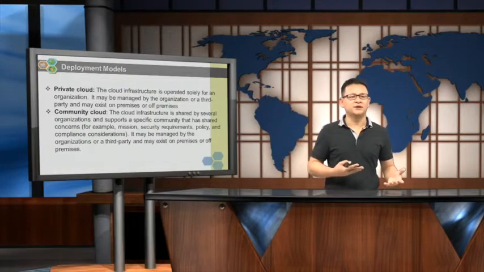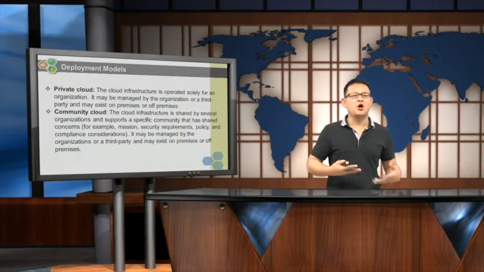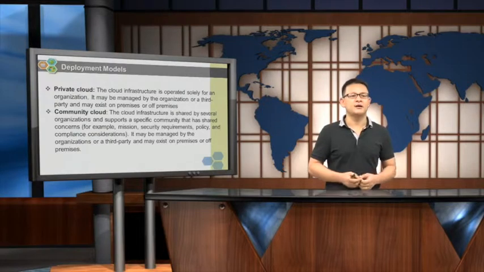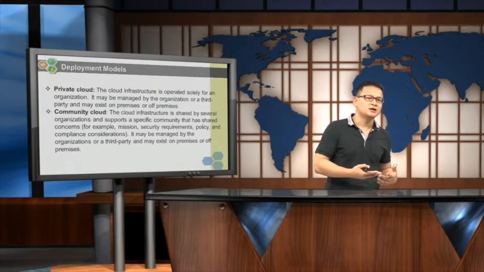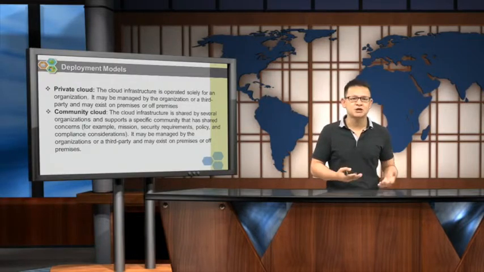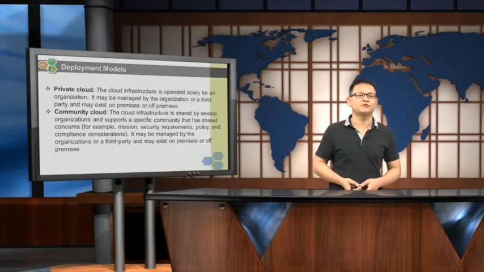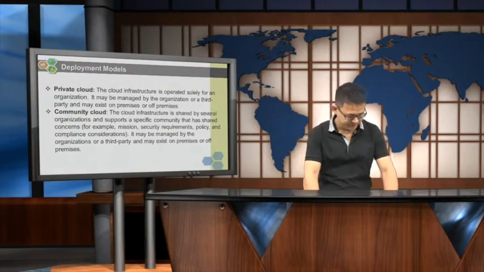So you have common objectives. You may work in the same area, in the same domain. Maybe you want to exchange data. You have the same mission. You have the same security requirements, policy, or compliance considerations. So in this case, the community cloud is a good choice for you.